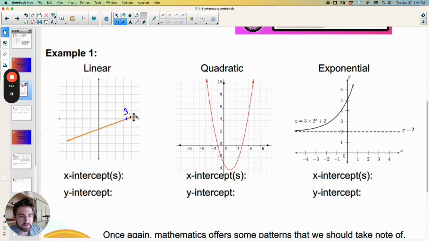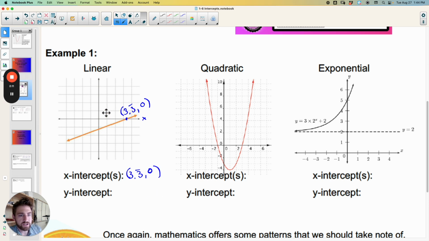So I'm going to say this is 3.3 repeating, comma, 0. If you put 3.3, that's fine, as long as you're in that ballpark, comma 0. And this crosses the x-axis at that point.